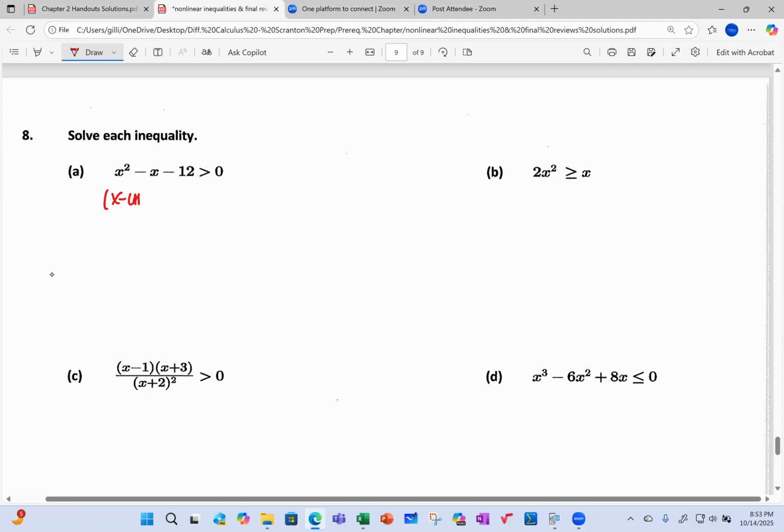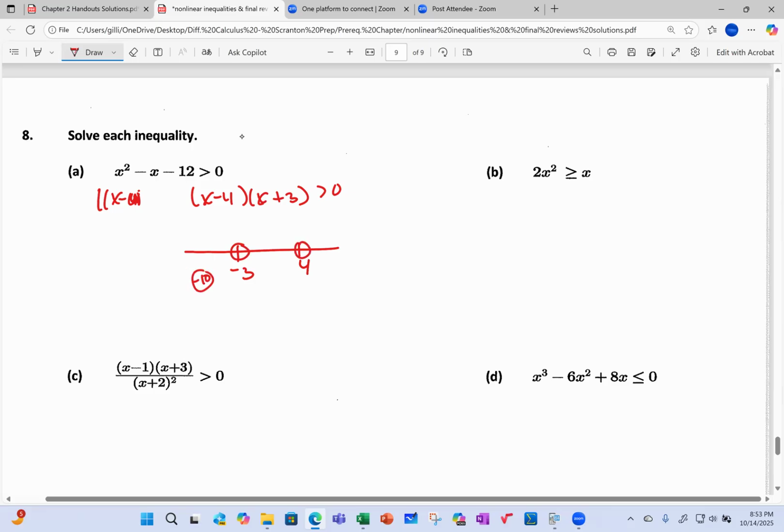Let's try that again. So this is going to be x minus 4 times x plus 3. My critical points are 4 and -3. So everything's an open circle because it's not equal to.